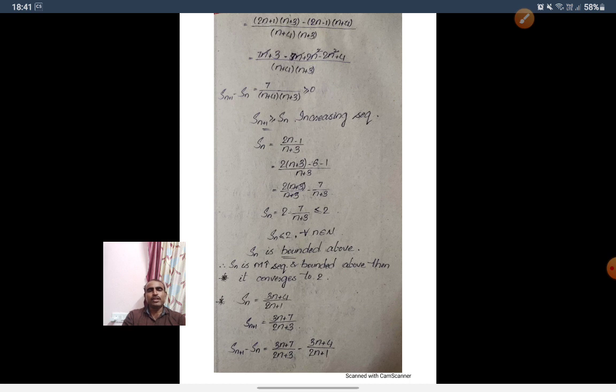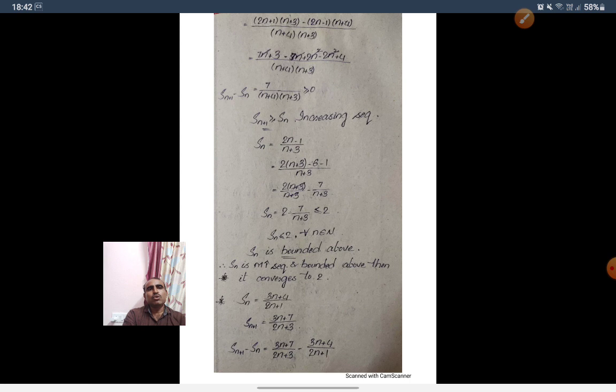See, Sn is equal to 2n minus 1 by n plus 3. I write this as 2 into n plus 3 minus 6 minus 1. So in the numerator, I add and subtract 6. So 2n plus 6 minus 6 minus 1, that is 2n plus 6 minus 7. I write 2n plus 6 as 2 into n plus 3. Now split the fraction: 2 into n plus 3 by n plus 3 minus 7 by n plus 3.